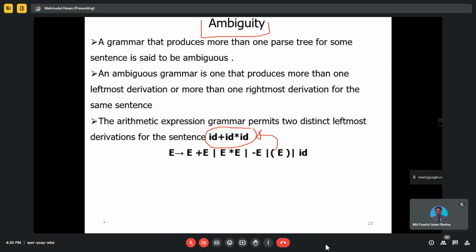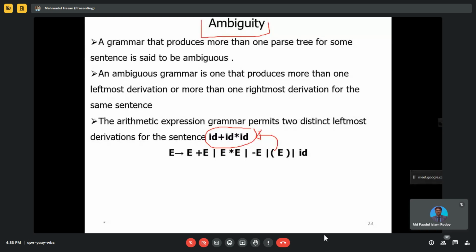That means if your grammar has more than one leftmost derivation or more than one rightmost derivation, that is ambiguity. But one leftmost derivation and one rightmost derivation is not ambiguity. Got my point? Or you can say like this, if there is more than one parse tree, that is also ambiguity. Okay, got it?